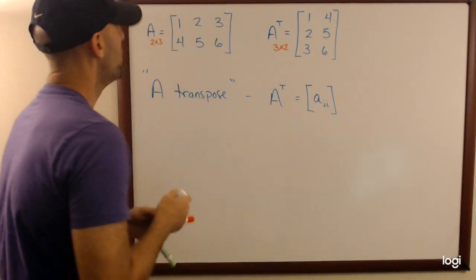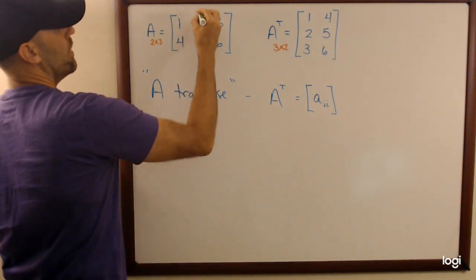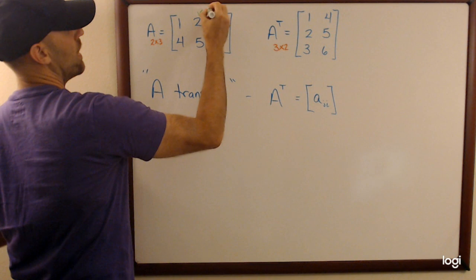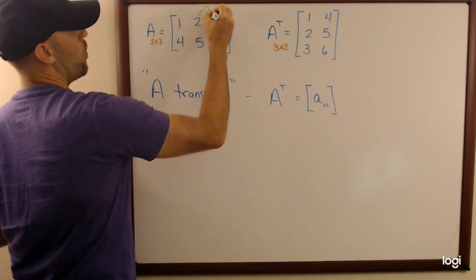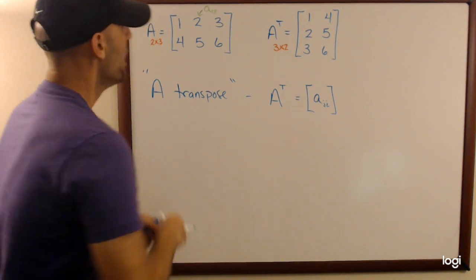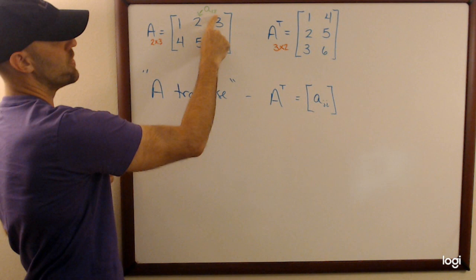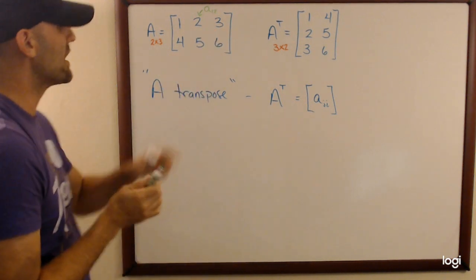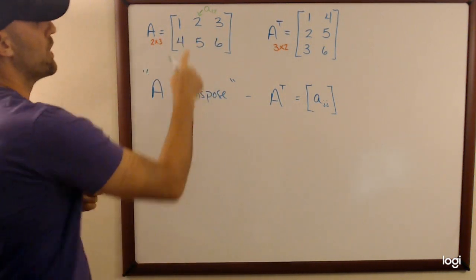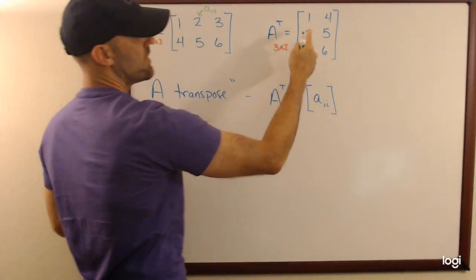This was entry 1, 2, that would be row 1, column 2. If I swap the indices, instead of it being 1, 2, it would be 2, 1. That's where this element goes. This element goes to the 2, 1 position. Row 2, column 1.